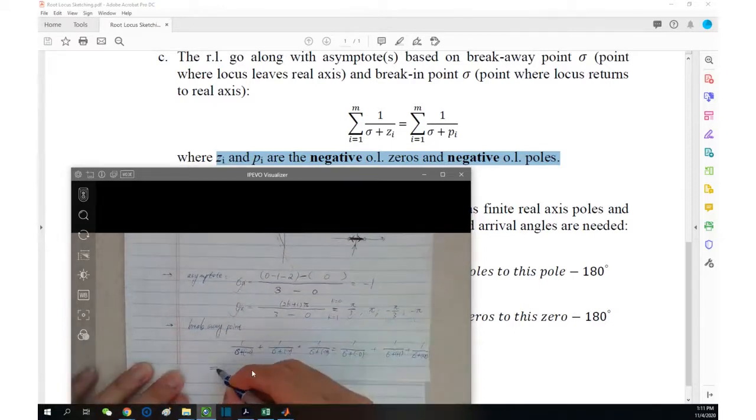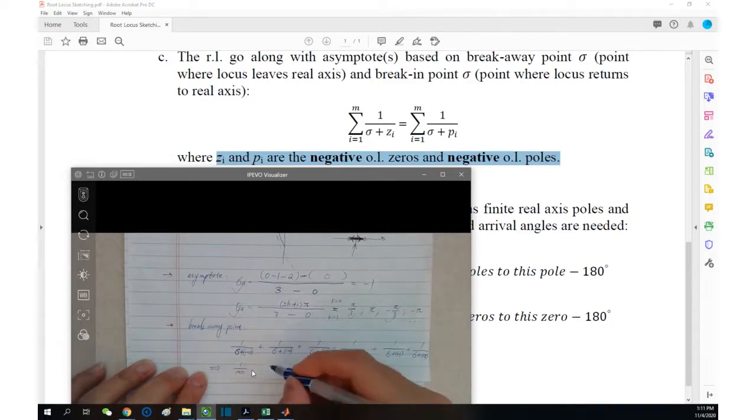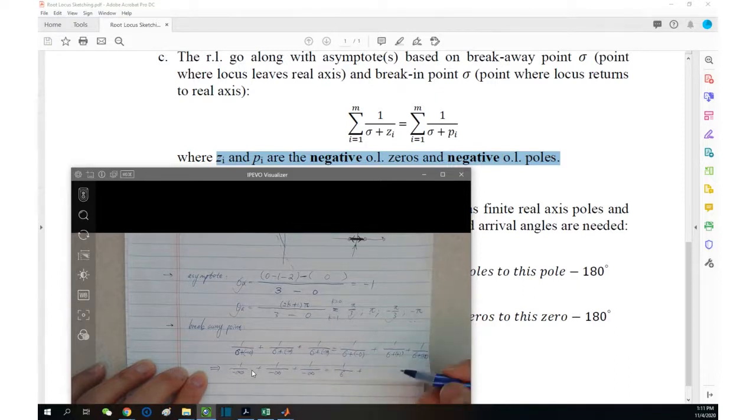And further, it equals to what? Basically, the denominator here is negative infinity, negative infinity, negative infinity. And here is delta itself reciprocal, plus delta plus 1 reciprocal, plus delta plus 2 reciprocal, right?